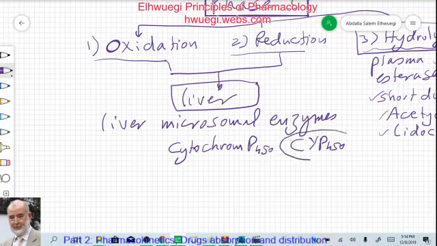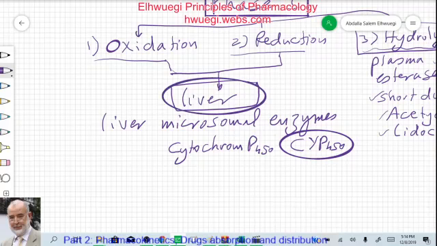There are different enzymes, isoenzymes of different structure. There are many, maybe in hundreds. These liver microsomal enzymes are responsible for the process of oxidation and reduction in the liver.